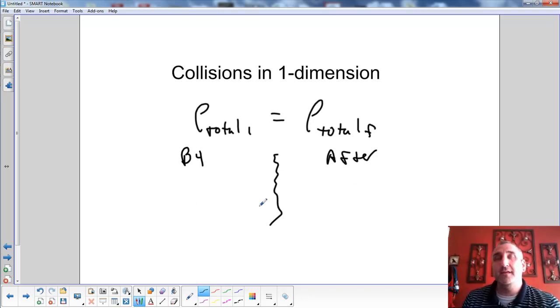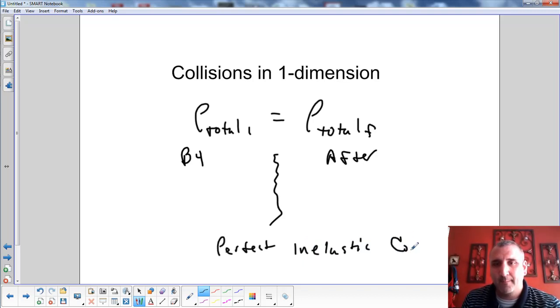So I think the easiest collision to look at in this scenario is going to be a perfect inelastic collision, or a PI for short. I'm going to go through the three types: a PI, perfect inelastic, an NI, a normal inelastic, and a PE, a perfectly elastic collision.